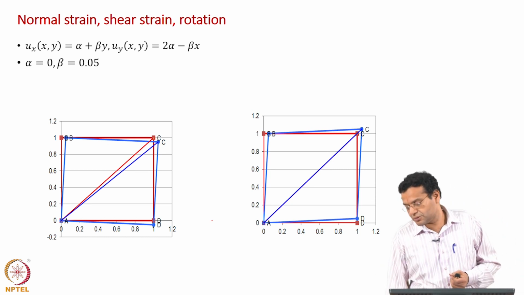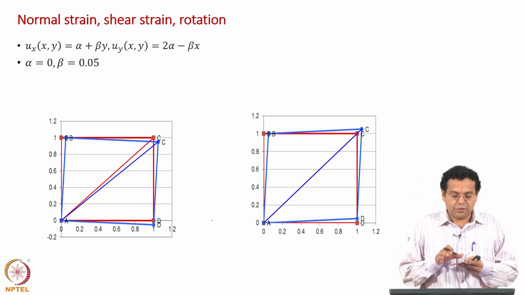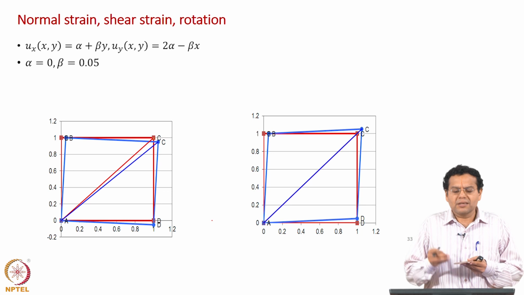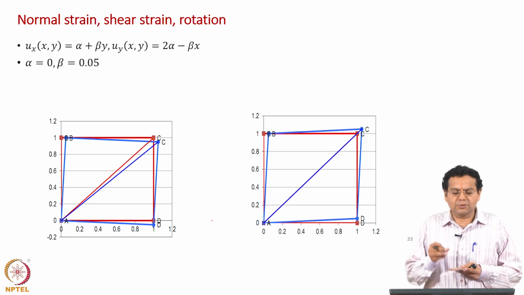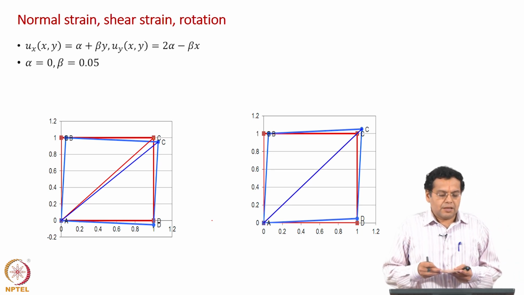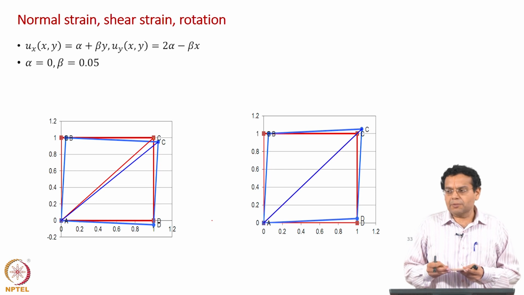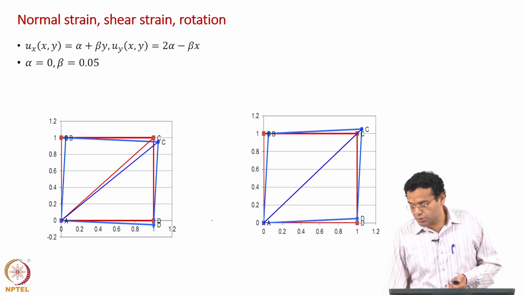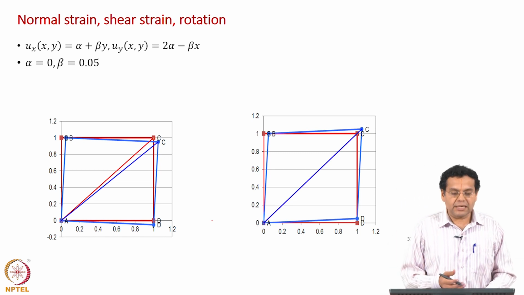Why is it so? We have seen that if you apply any force on a solid object, almost rigid, a small deformation happens. Slightly deformable. So, beta is very small, but if I take beta as 10 power minus 6, hardly can we see anything.